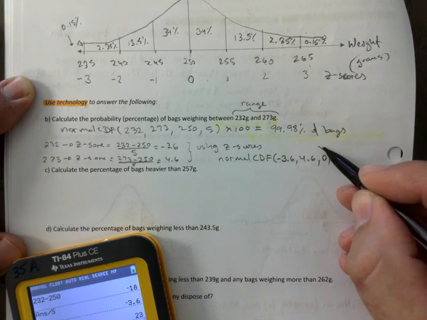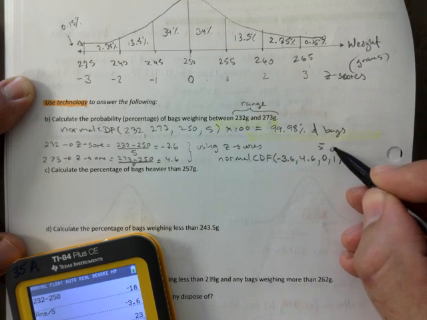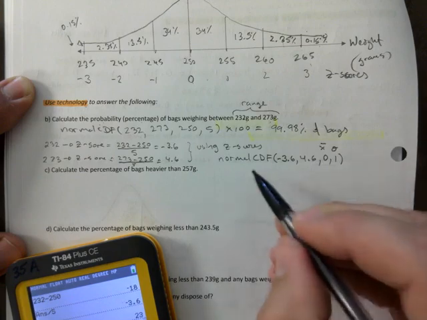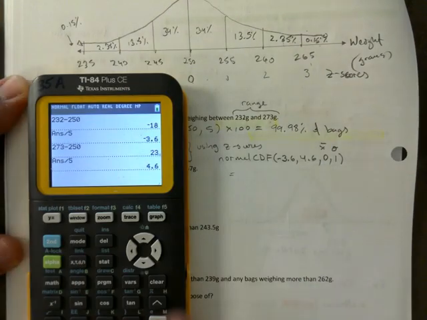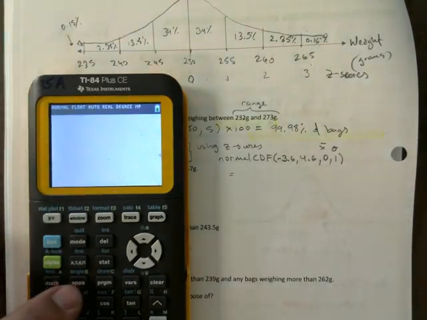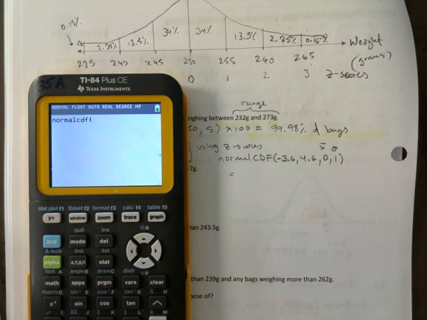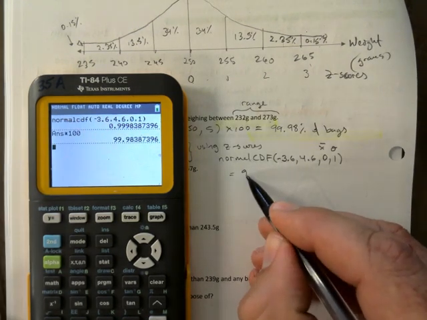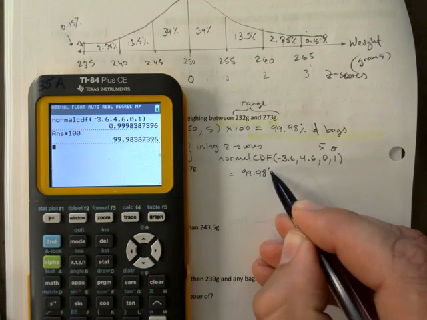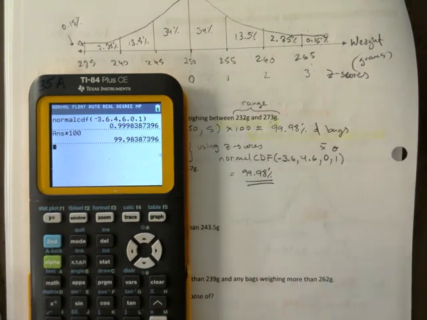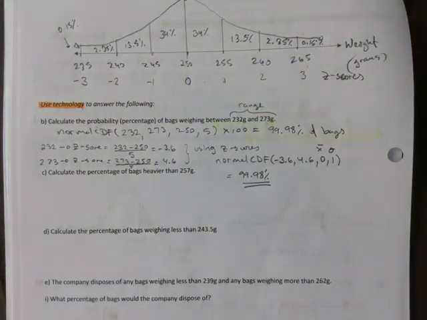This is the mean, and this is the standard deviation. I'm going to use the second vars. Normalcdf: negative 3.6, 4.6, 0, 1. And there it is, times 100: 99.98% of bags.